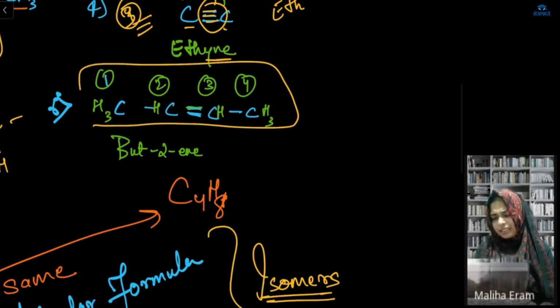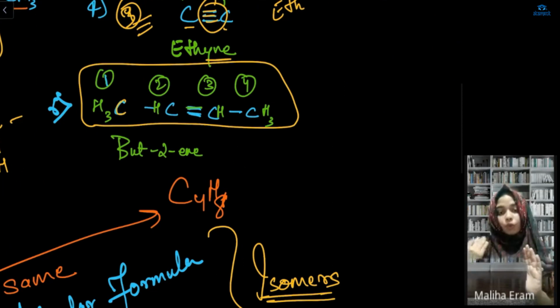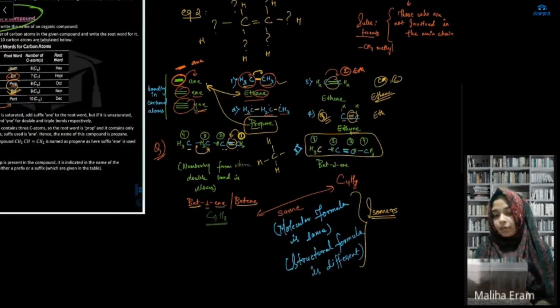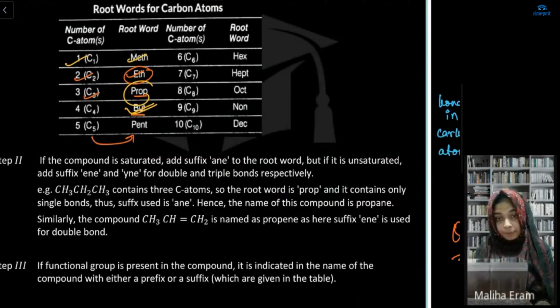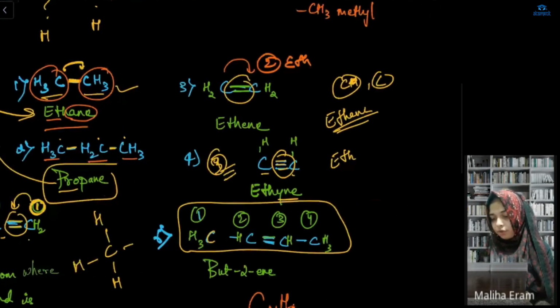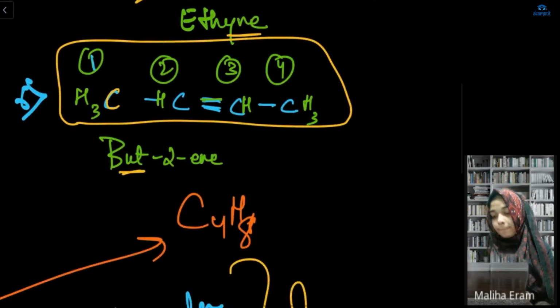Okay, now this one. This is a little bit tough. Here, how many carbons? पहले जैसे ही क्वेश्चन आएगा, first you all will look at how many carbons are there in each compound, in each structure. So how many carbons? 4 carbons. So for 4 carbons, it's again but.